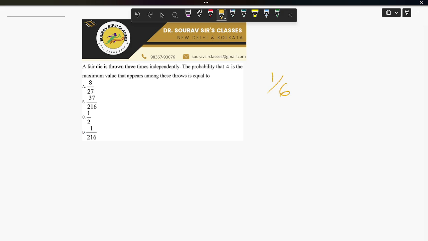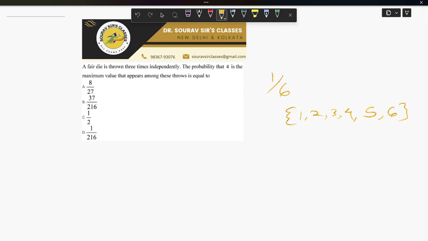So now we are going to define the favorable outcomes. For each throw, the possible outcomes are 1, 2, 3, 4, 5, and 6. We want the maximum of the 3 throws to be 4.